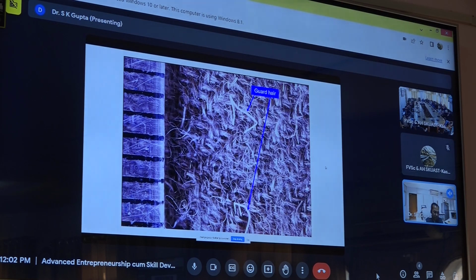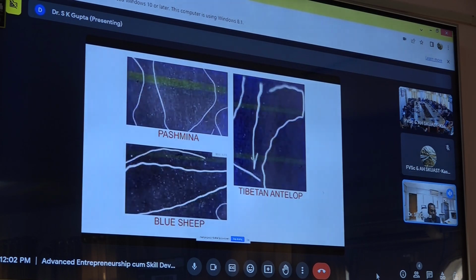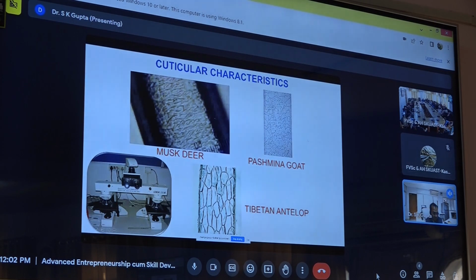So on the spot itself, if the guard hair breaks easily, they can confiscate it as a potential Shahtoosh shawl. Once it is sent to the laboratory, under the light microscope it can be further examined and identified as a Tibetan antelope product.